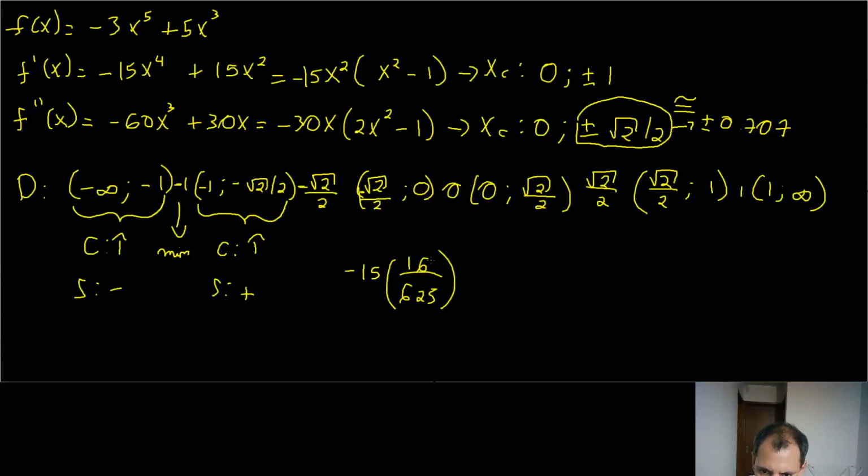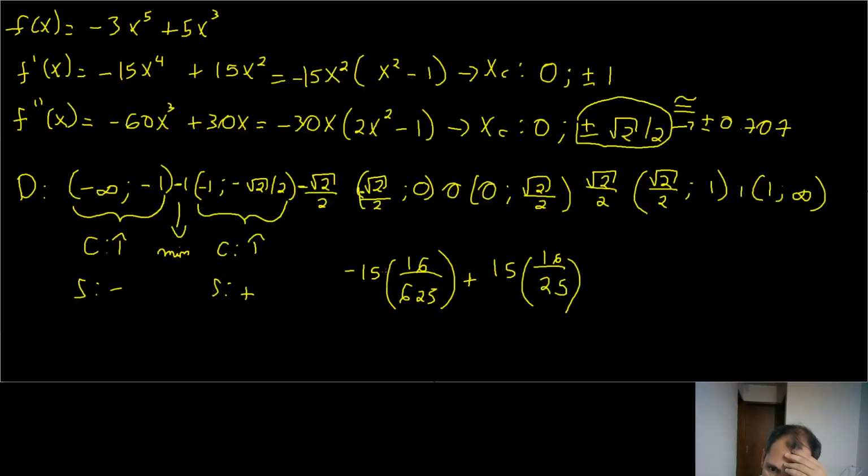Now plus 15, and then you have minus 4 divided by 5, but it's going to be 16 over 25.